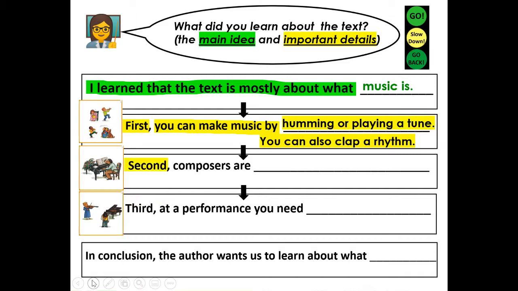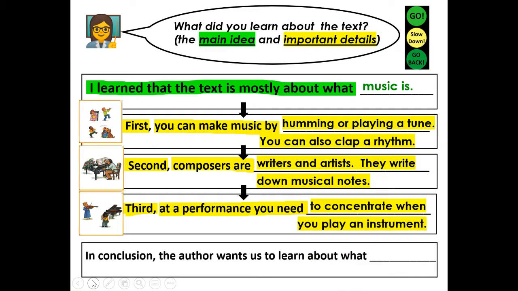Second, composers are writers and artists. They write down musical notes. Third, at a performance, you need to concentrate when you play an instrument. In conclusion, the author wants us to learn about what music is.